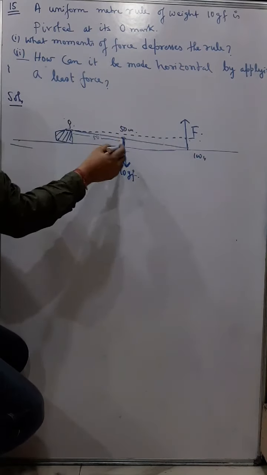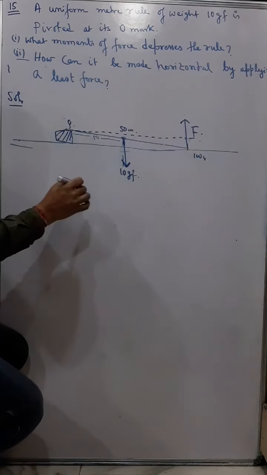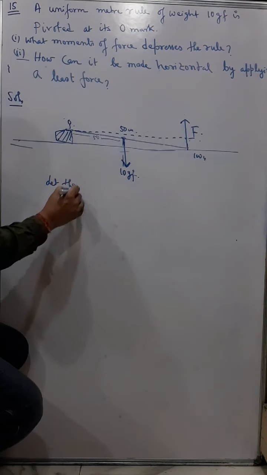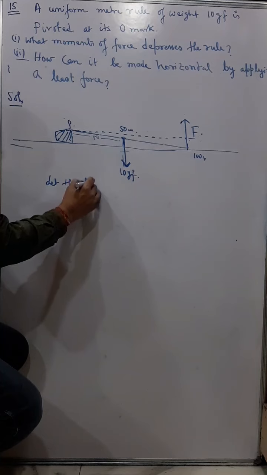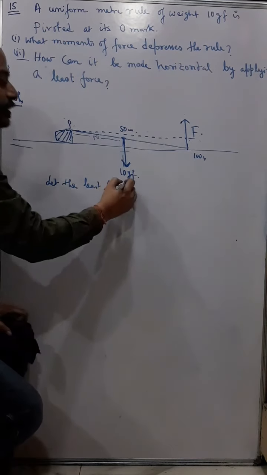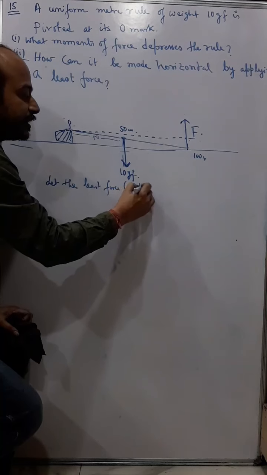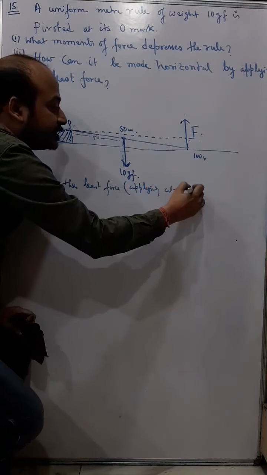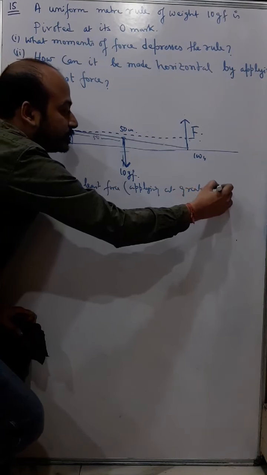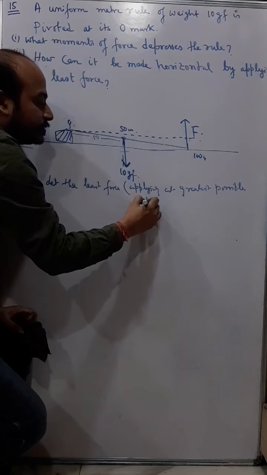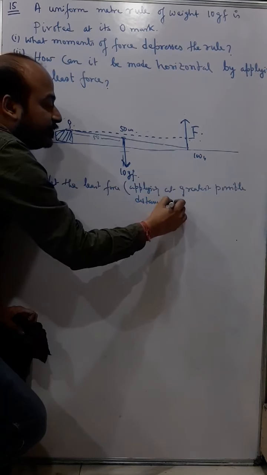So that means I have to find this force. So that means if I say let the least force, now in bracket we can write applying at the greatest possible distance from the pivot.